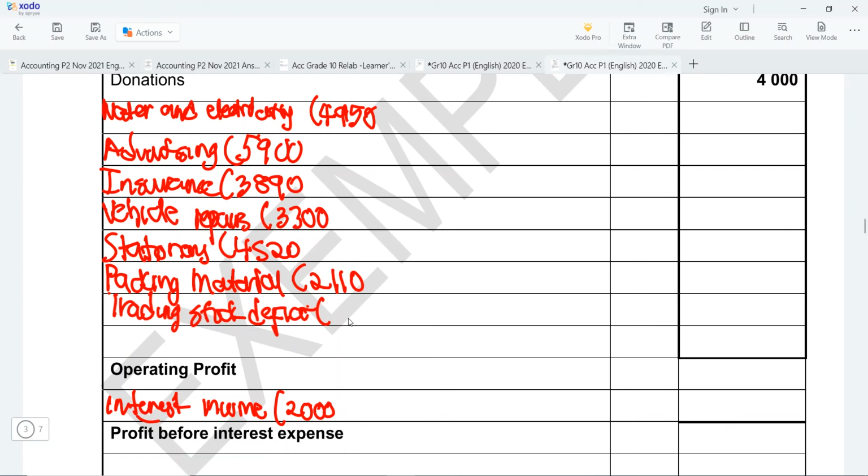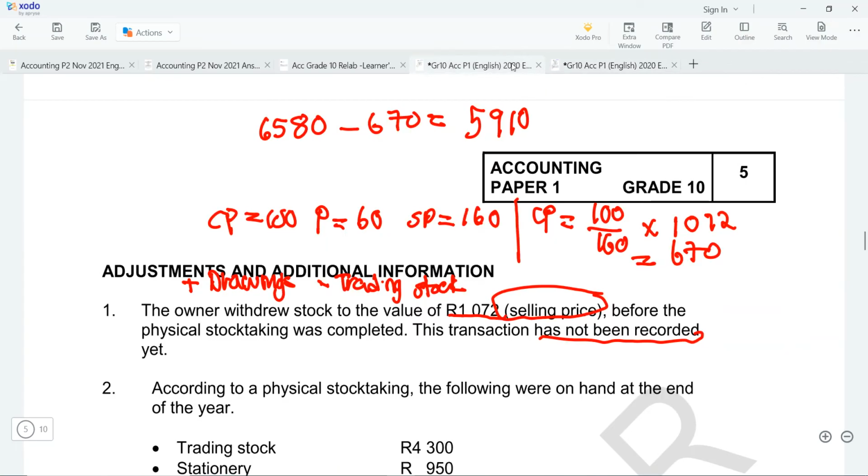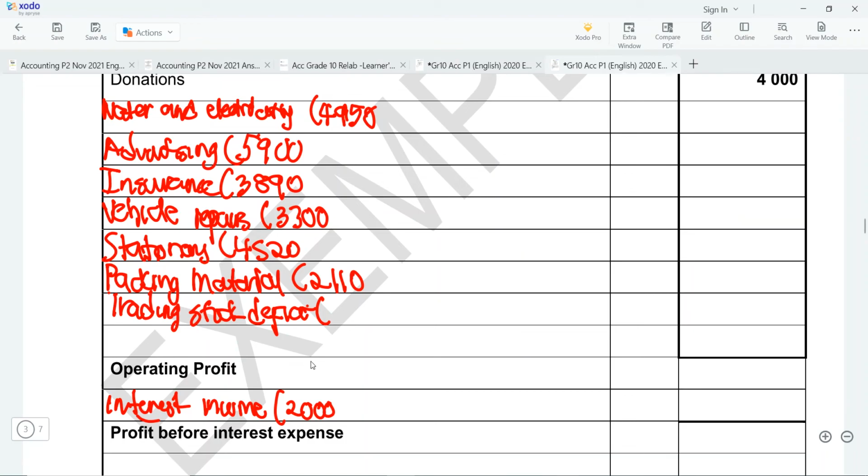and then we're going to take that, remember that mini calculation that I did on the question paper here, this calculation here, 6,580 from the trial balance minus 670, we are going to need it. 6,580, and then we minus the 670 of the stock that was taken and not recorded. Then we compare this to the actual stock that is available.